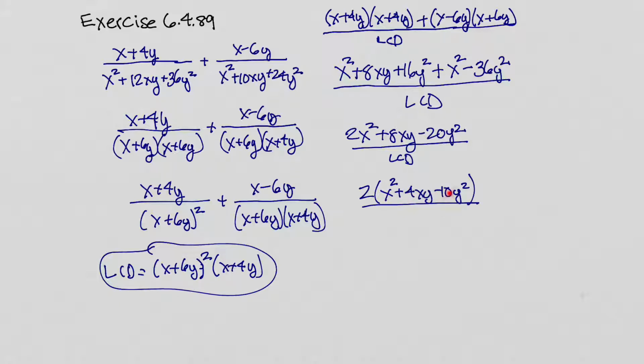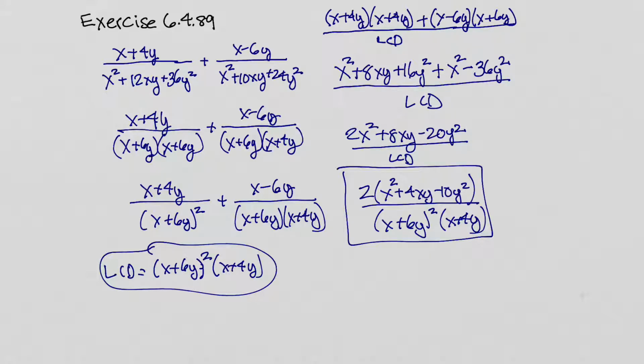So I think this is not going to factor. So let's just go ahead and write our LCD. So the LCD here is, now we've got it over here, right? We've got it back over here in our circle. So we're going to have x plus 6y squared times x plus 4y, and I think that's the best we're going to be able to do.